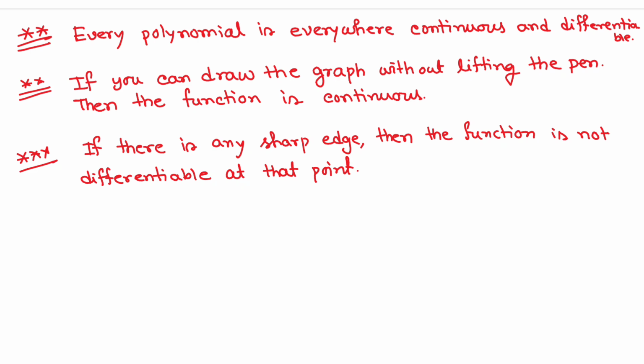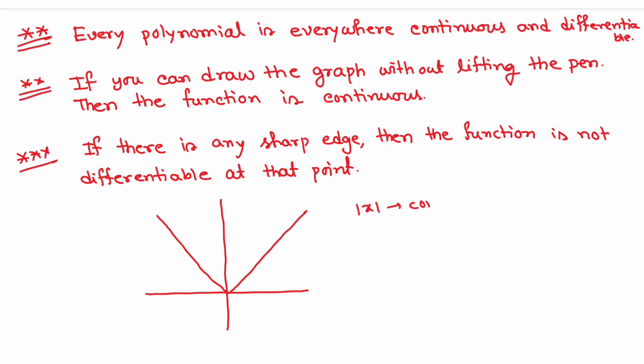Okay, for example, let's say I am drawing the graph of mod x. You know what is the graph of mod x? This one. Here you can see that I can draw the graph without lifting the pen. Obviously mod x is continuous.